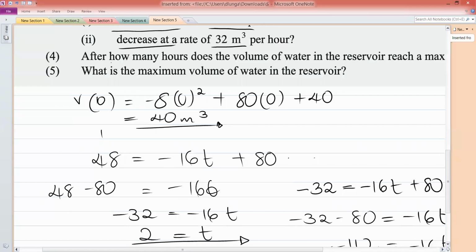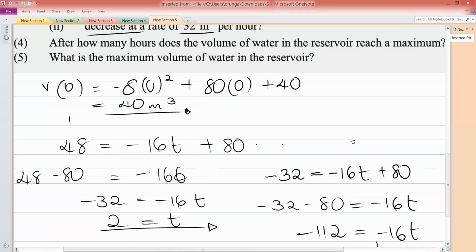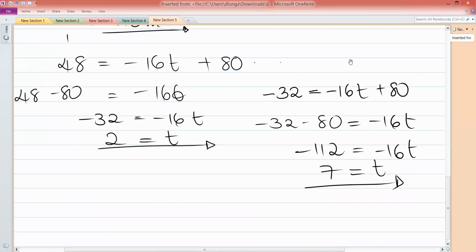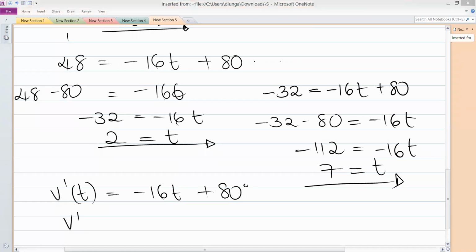Now, after how many hours does the volume of water in the reservoir reach a maximum? Okay, so remember you had your V dash T here equal to negative 16T plus 80. It reaches a maximum when what? We have to take the second derivative.